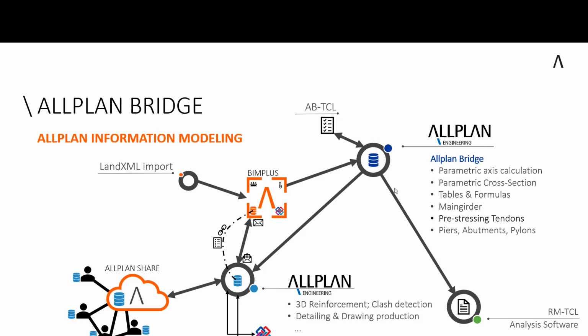And on the other side, you also have the connection to the analysis software. And you can also import an axis from BIM Plus. So you can, for example, add a LandXML file to BIM Plus, then connect your Allplan Bridge project with this BIM Plus project, and then you can access this LandXML file and import the axis.